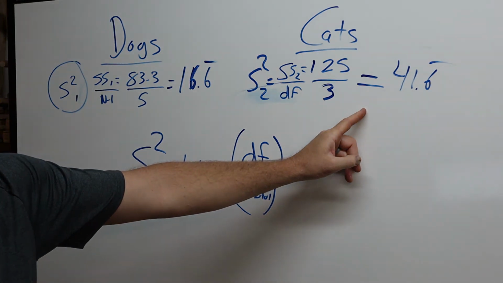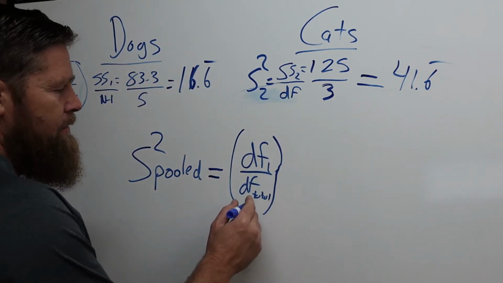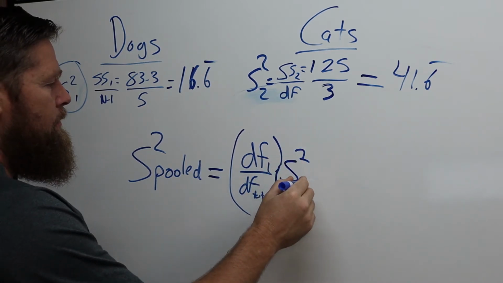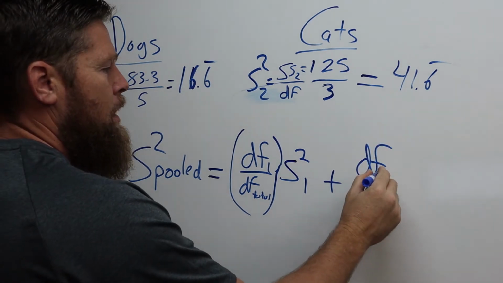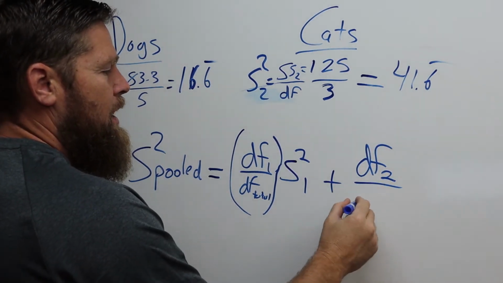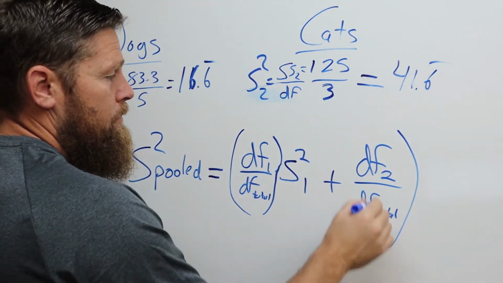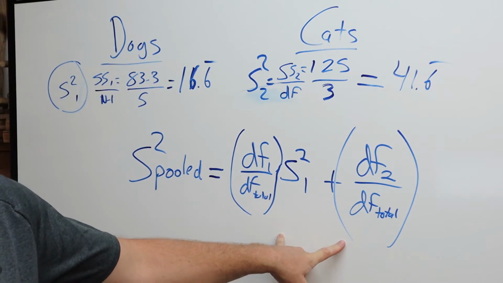So what does that mean? 5 plus 3 is 8. And then times S2 for group 1, plus the degrees of freedom for group 2 divided by the degrees of freedom total, times S2 for group 2. This is our S2 pooled formula.